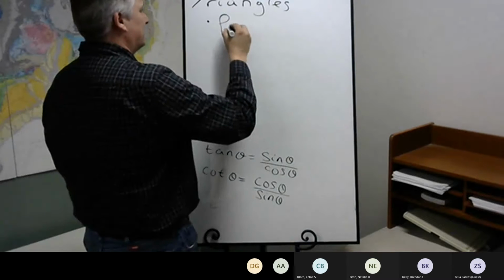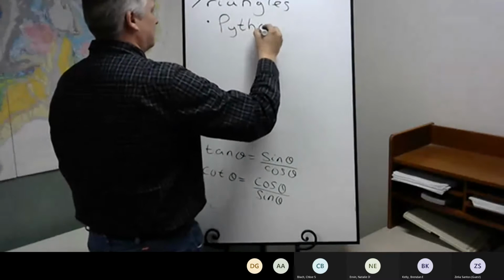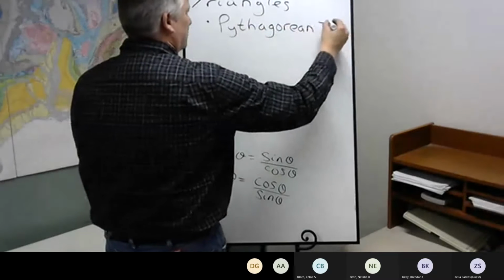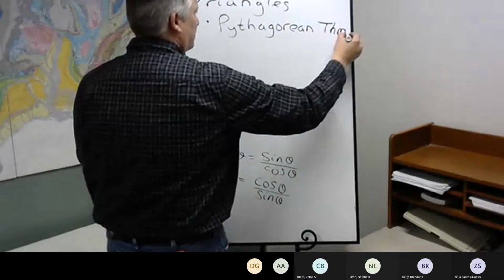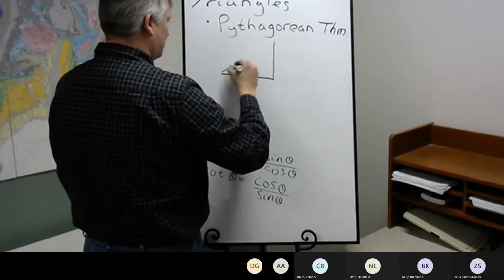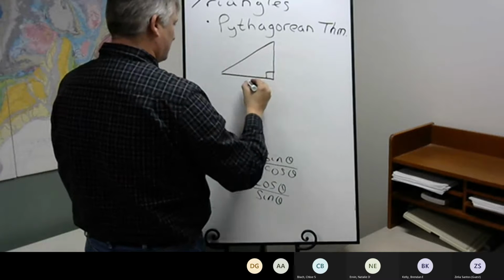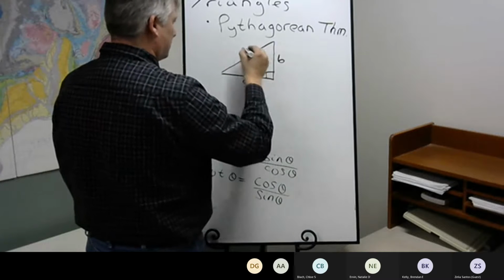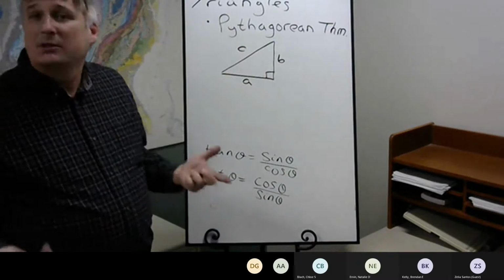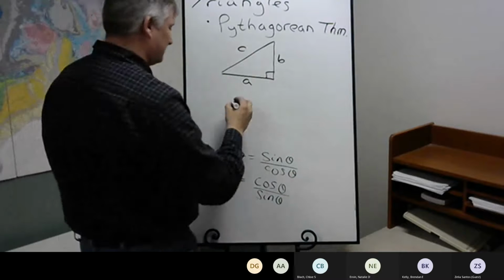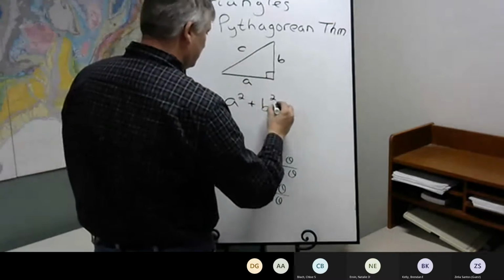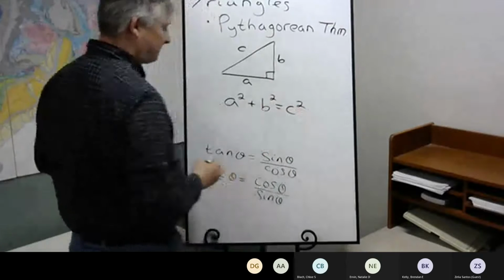And the Pythagorean theorem. So again, that means 90 degrees. It means we're dealing with a right triangle. So a squared plus b squared equals c squared.